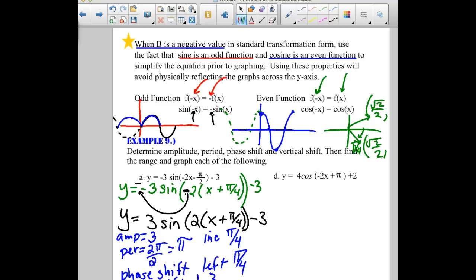So over here when we were talking about sine, our sine value changed to the opposite, but our cosine doesn't. It's the same cosine value. So if there's a negative b term in here, we can basically get rid of it. Now I want to caution you, you have to physically factor it out from your h piece before you can get rid of it. Okay, because factoring a negative out is going to change your signs. But once you've factored it out, it can go away. All right, so how that looks.